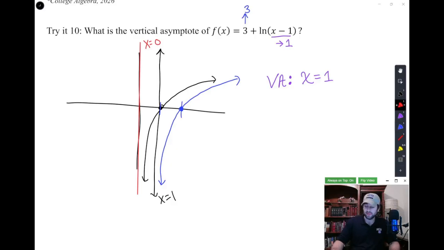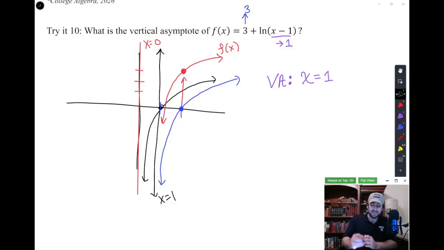And then we could shift it up by 3 if we wanted to finish the problem, 1, 2, 3, and go up by 3 and say that red line is f of x, where the black line was the original function, which was the natural log of x, and the blue line was the application of the first horizontal shift, which was the natural log of x minus 1. And so we moved it over 1 on the blue line and up 3 with the red line.